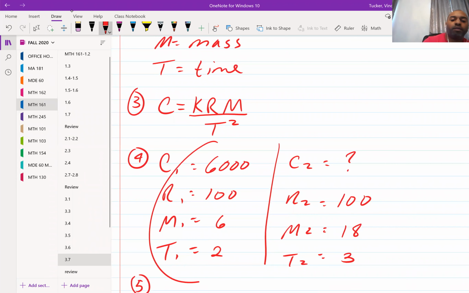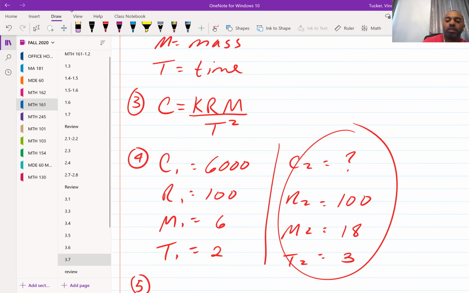The first set of information is right here. Remember I told you before, they're going to give you all of one set of information, then have a missing piece from the second set. So we had 6,000 dynes, 100 was the radius, mass was 6, and then the time was 2 seconds. And then over here, we want to know what's the centrifugal force if you have a radius of 100, mass of 18, and then a time of 3 seconds.